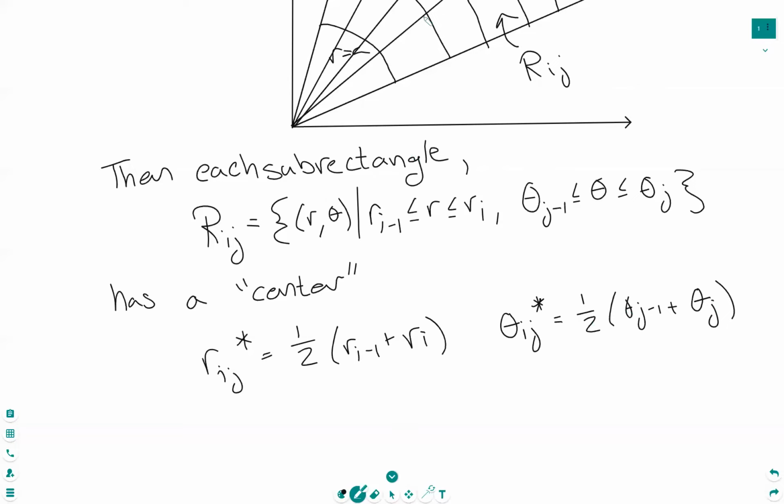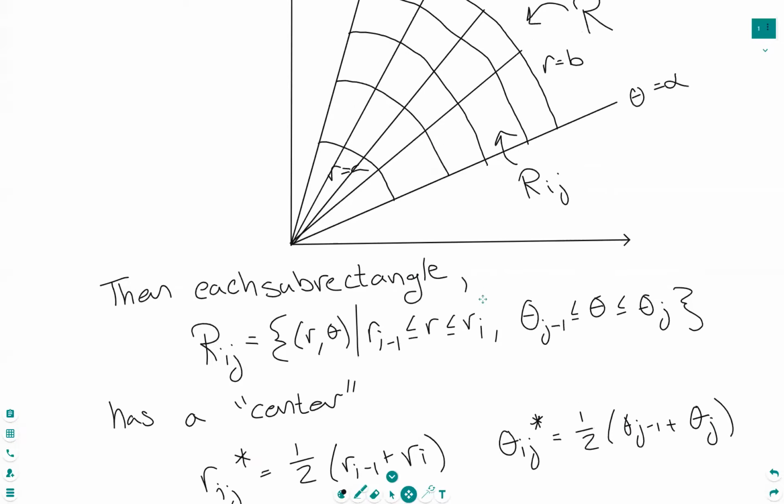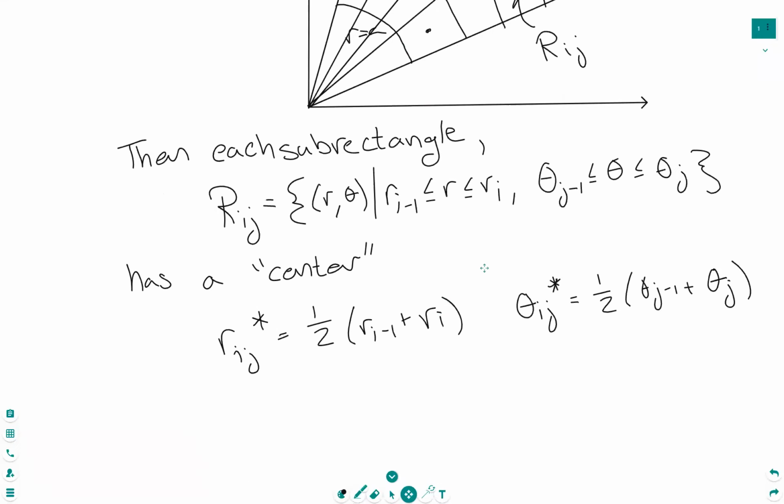So on each of these subintervals, we're going halfway in theta. So maybe we go halfway for this particular, and then halfway in R. So maybe we're somewhere right here. And that's going to be our sampling point.